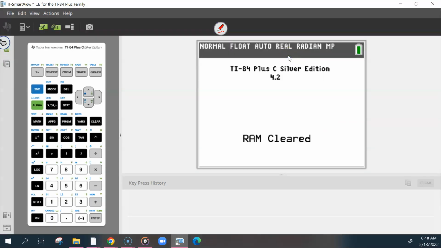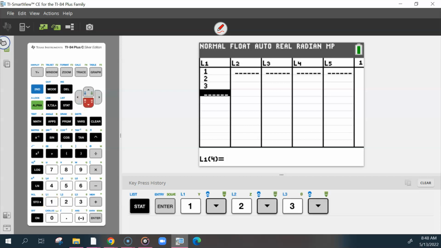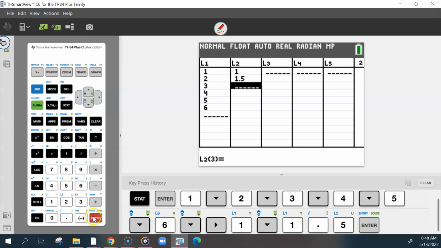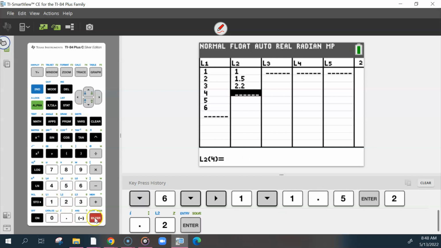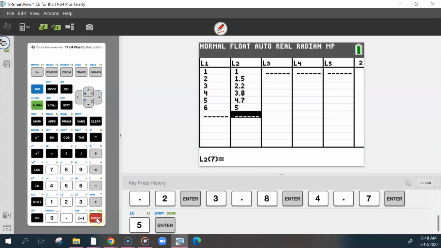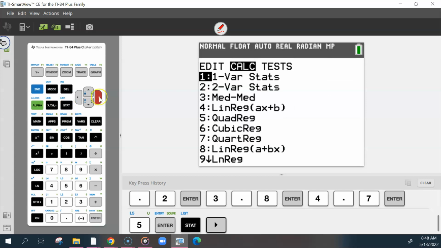In your calculator, you would go into Stat, go into Edit, fill in your L1 and L2. And then once you have all of your data points in there, you would go back into Stat, scroll over to Calculate, and go down or hit number 4.